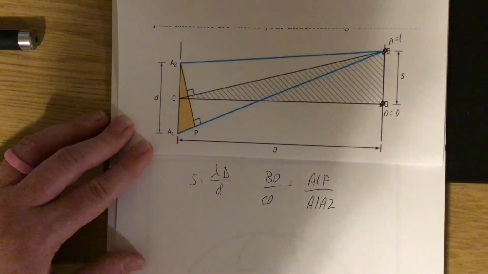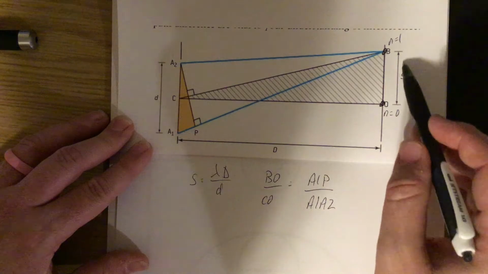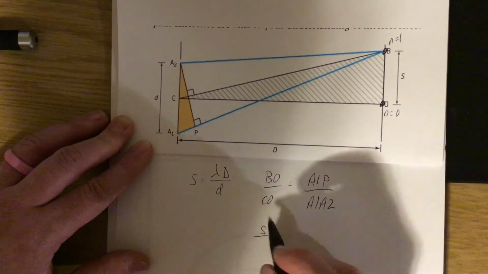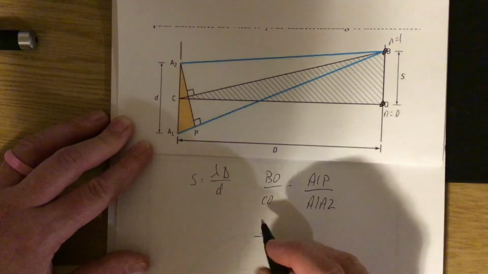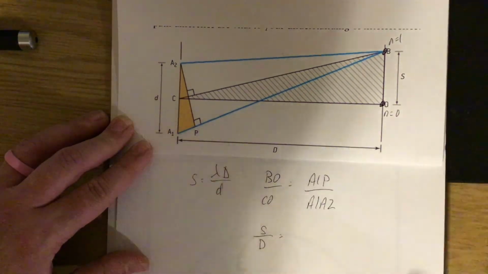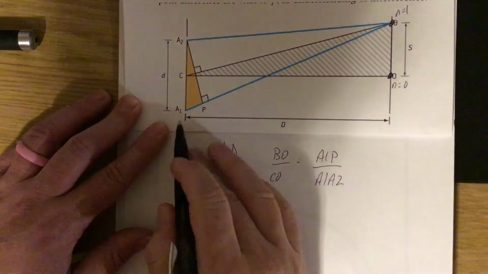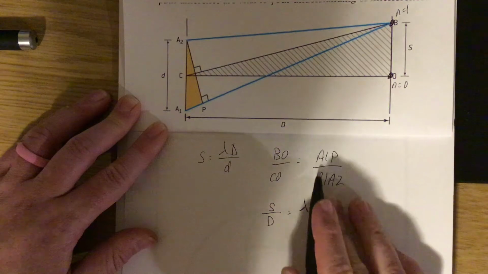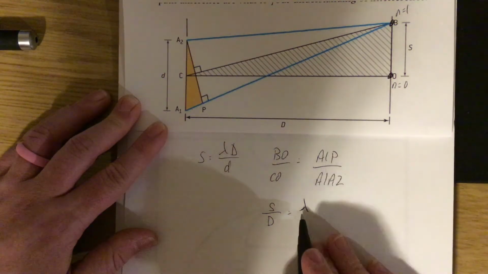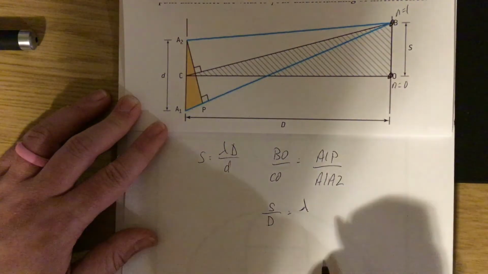Well, if we take a look at the variables that we have and put them in here, BO is equal to S, so we can say S over CO, which is the distance between the grating and the screen, big D. So S over D is going to be equal to A1 to P, our path difference, and when n is equal to 1, our path difference is just lambda, the wavelength.